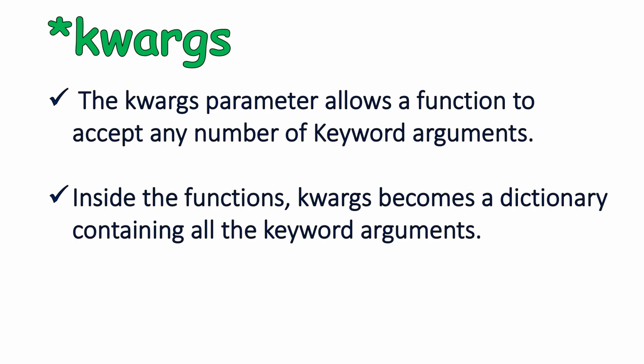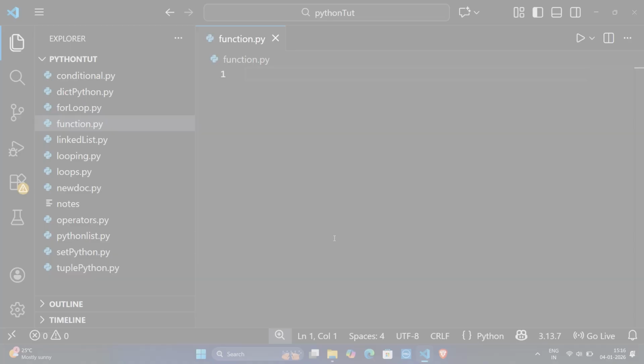Next we have **kwargs after *args. The **kwargs parameter allows a function to accept any number of keyword arguments. Inside the function, kwargs becomes a dictionary containing all the keyword arguments. Let's understand with an example.